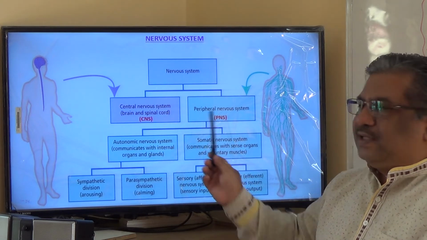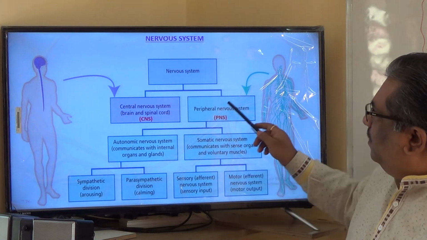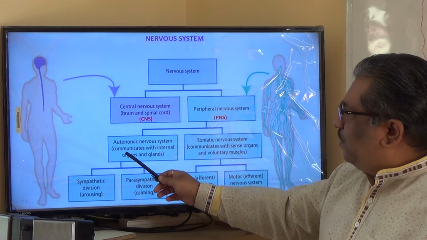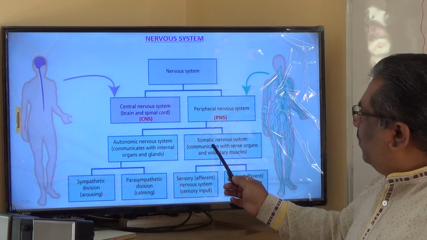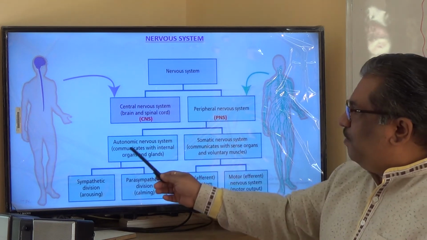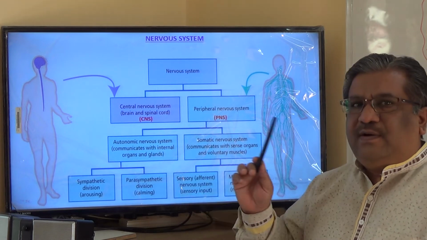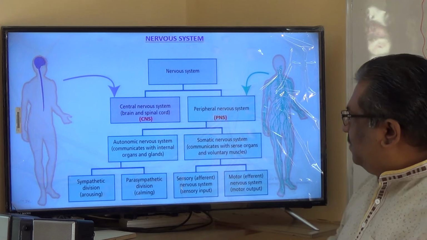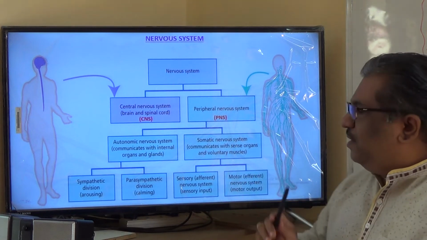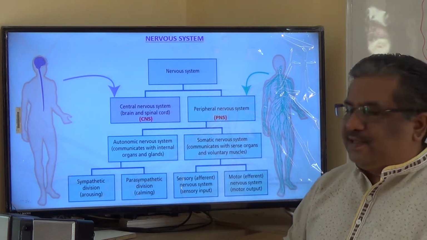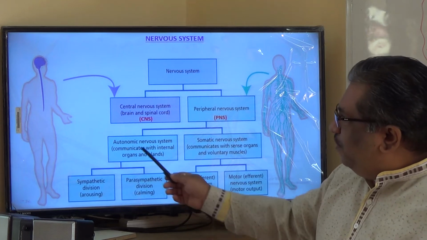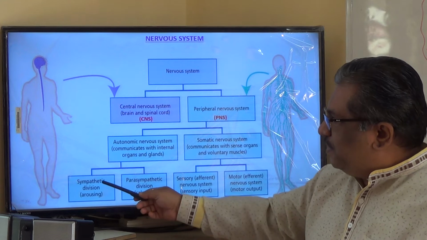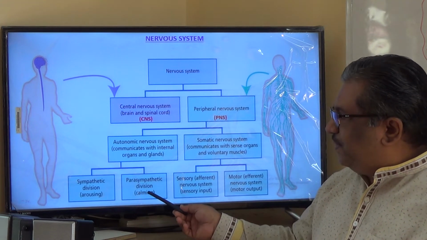Is the main classification clear? Under the peripheral nervous system, we have two more categories: the autonomic nervous system and the somatic nervous system. The autonomic nervous system controls involuntary actions. The somatic nervous system controls voluntary actions. In the autonomic nervous system, we again have two divisions: sympathetic and parasympathetic.